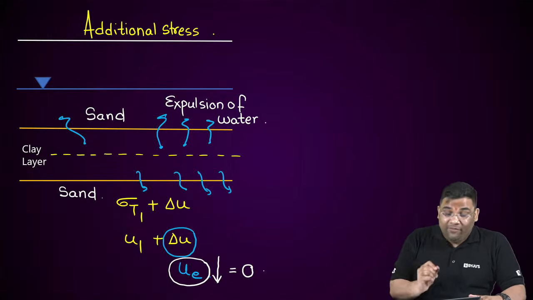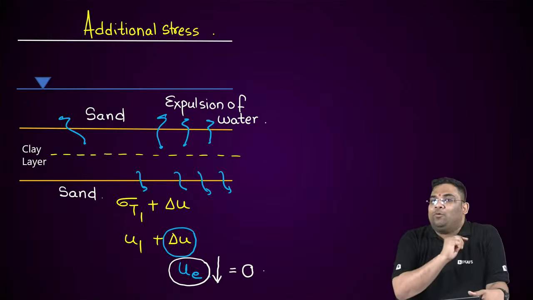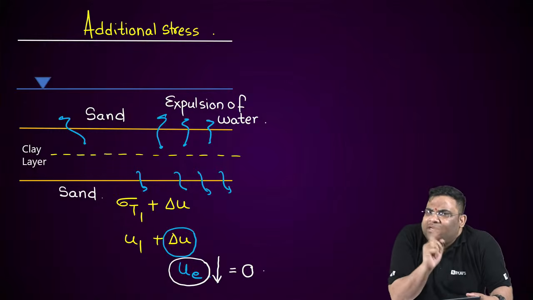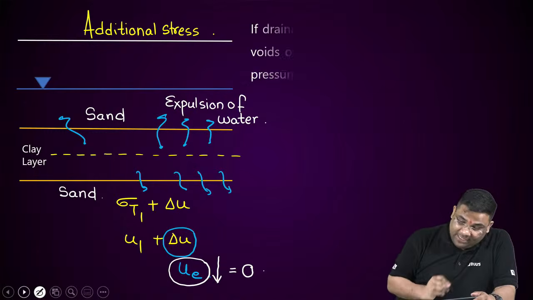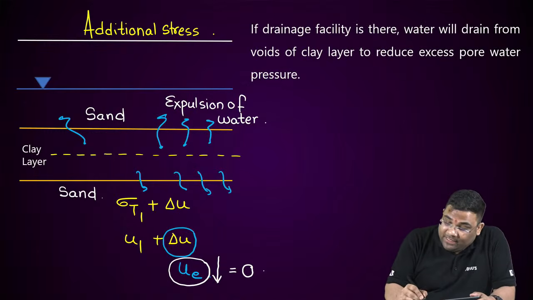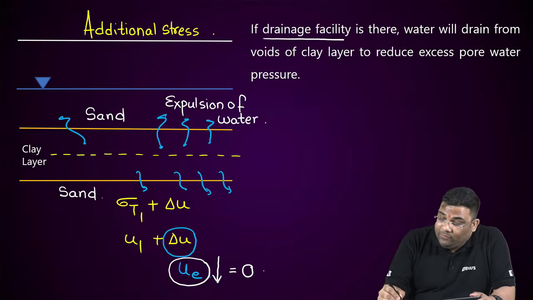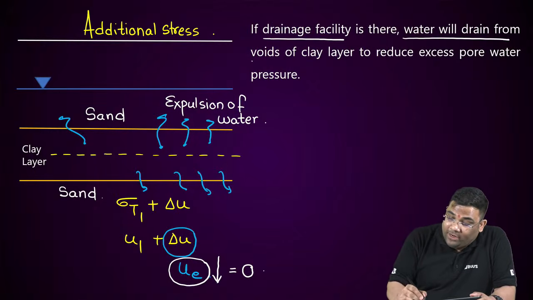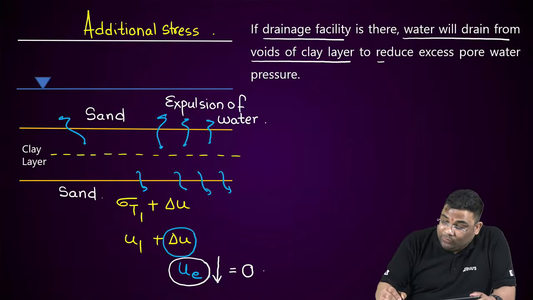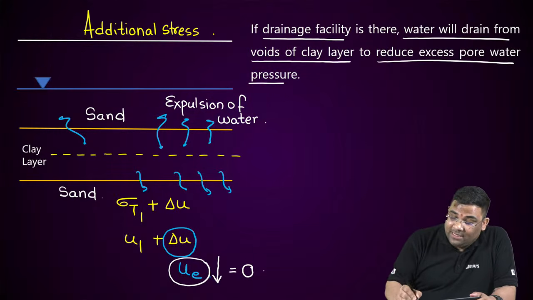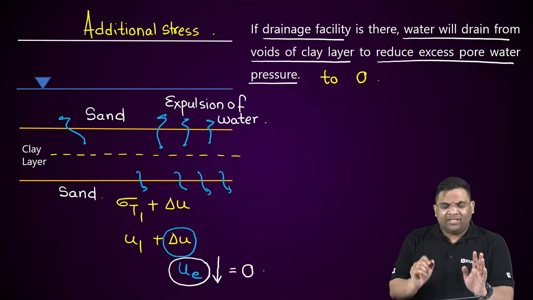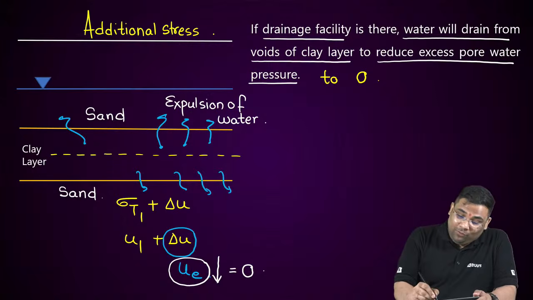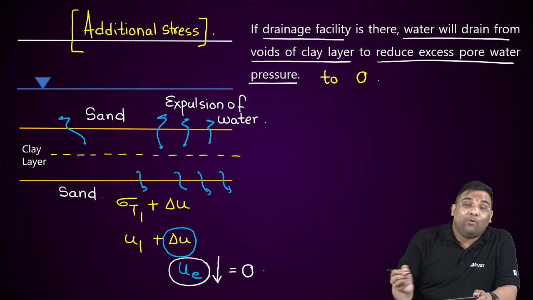So, drainage facility is very important. Water will come out only if there is drainage facility, otherwise how will it come out? So, if there is drainage facility, water will drain out from the voids of the clay layer to reduce excess pore water pressure, eventually to make it zero. But the additional stress is still there, right? Now the additional stress will be taken by whom?